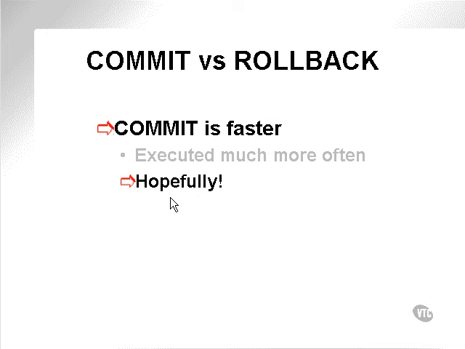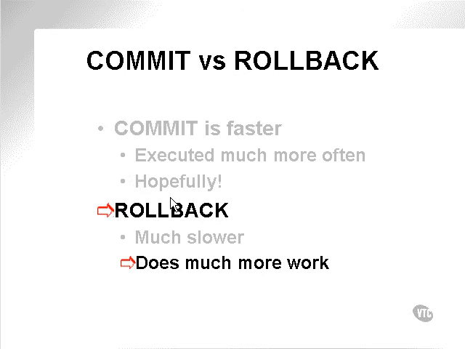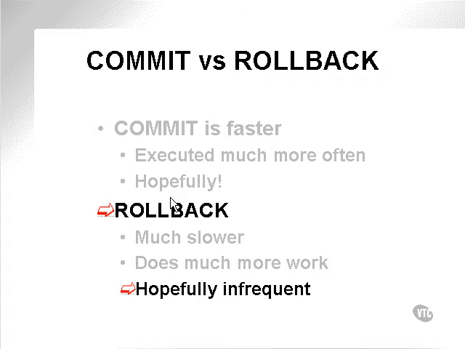If you're doing a lot of rollback, or waiting for transactions to complete from other transactions, you could have a lot of locking issues and very poor performance as a result. Rollback is much slower. It does much more work than the commit command does. Therefore, it is hopefully infrequent in relation to execution of commit commands.